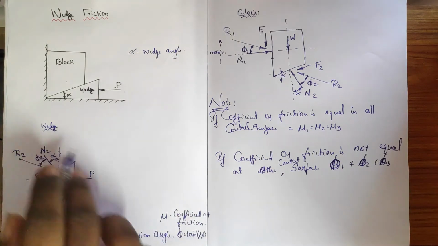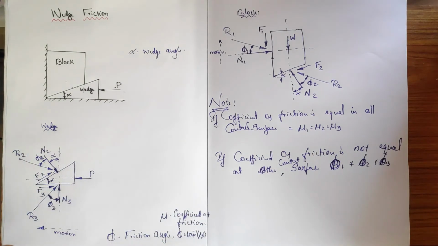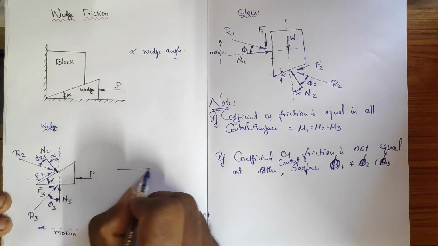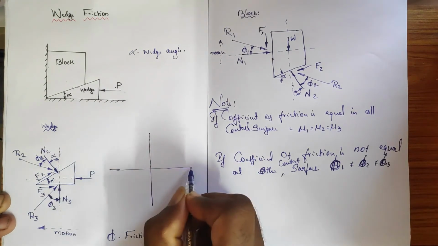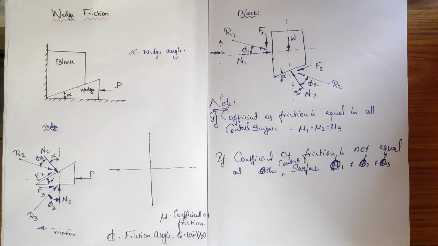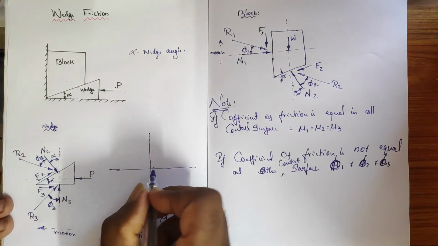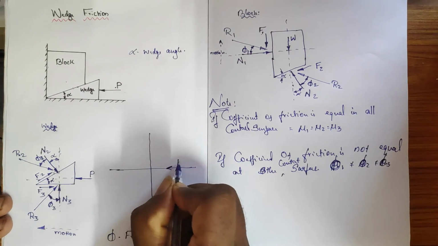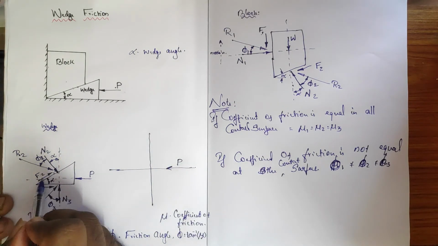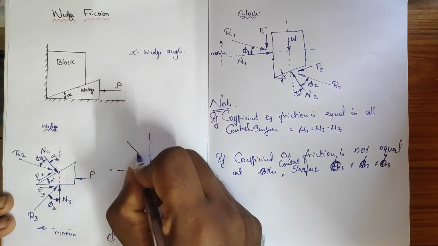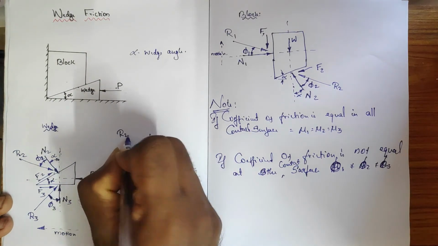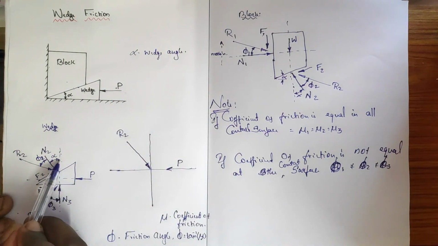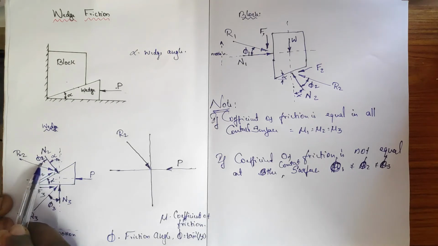Then we have taken the resultant force for the friction and normal, right? So let us know how it is being reduced. I am going to take a concurrent force system, with the axes x and y, and put the applied force P here. For the normal and friction, it has been simplified as a resultant force R2, and with respect to the y axis, just look at this.